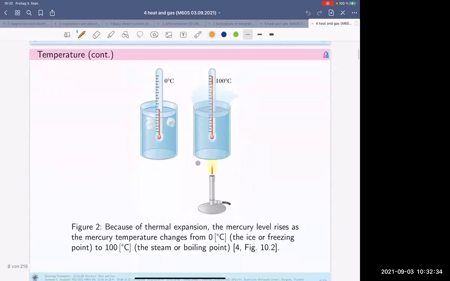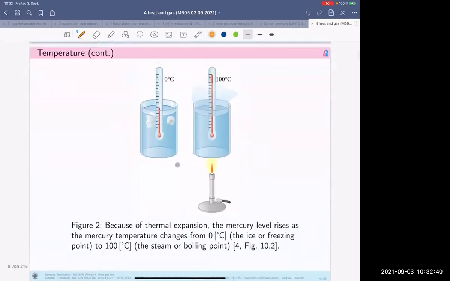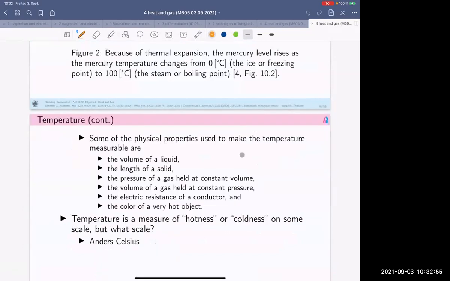Is there anything else? The way we could measure the temperature could be done in many ways. The first way is that you can observe the volume of the liquid, which is what you can see inside the thermometer.